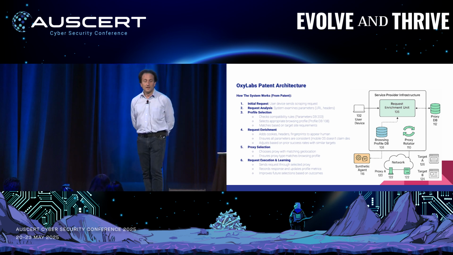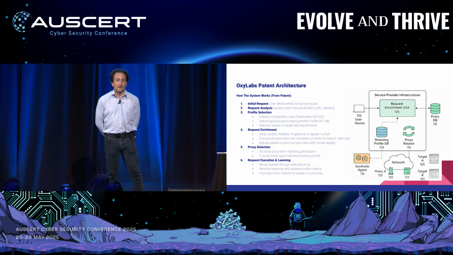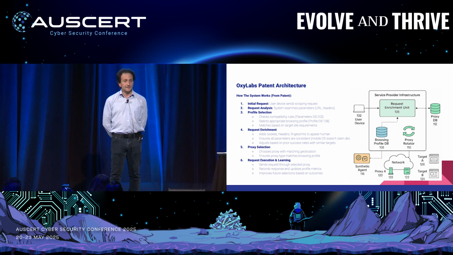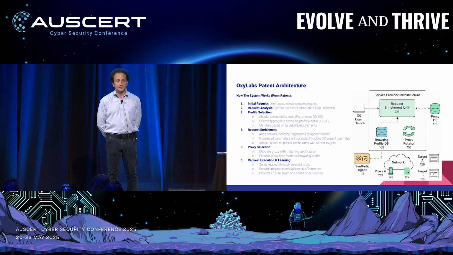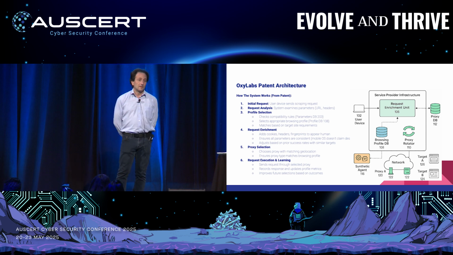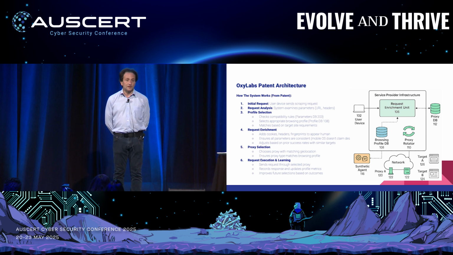A client will connect to their service, and then they will look at the request and where it's connecting. It will then enrich the request with cookies, headers, a browser profile to match the target website. It will ensure that TLS and TCP fingerprints match up with the expected device that the user is requesting, and then it will make the request.